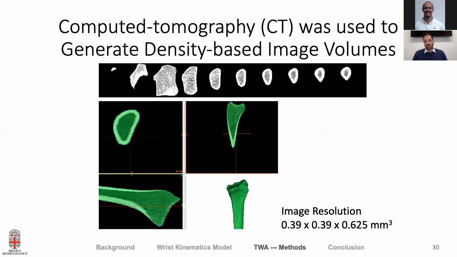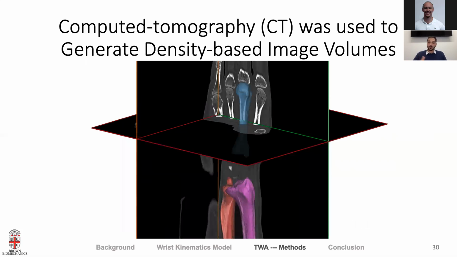So we acquired CT scans of the wrist of our subjects in the neutral posture, and this was on the dominant hand of our healthy cohort and both hands of our TWA population. After acquiring the CT scans and segmenting the bones and the implants, we calculate many of their properties, such as their position in the neutral posture.